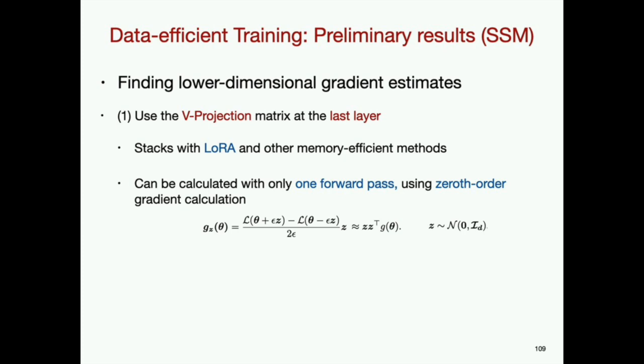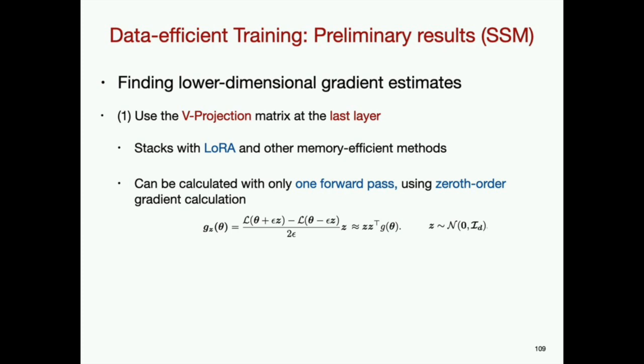We calculate the difference between the loss of these perturbed parameters, and then we divide by the amount of perturbation, and then we can estimate the gradients in just one forward pass. If you check the MeZO paper, this is explained very well there, and this can be calculated efficiently with a minimum amount of memory, like inference amount of memory.